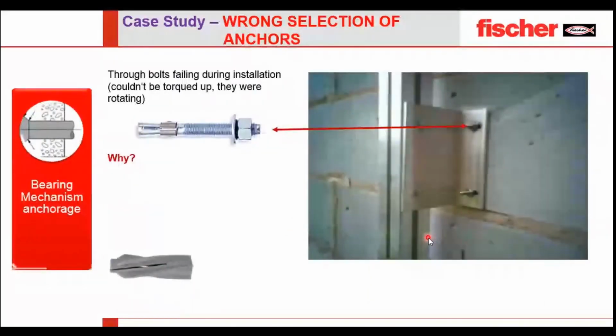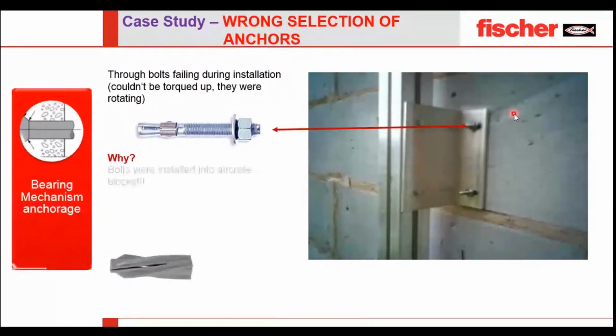Now, moving to the next type, when we have a wrong selection of anchors. Commonly in the Middle East, we are using Siporex blocks, or aerated blocks. These are the aerated blocks. The property of this block is that it is very lightweight. In this block, unfortunately, they used a metal anchor, like an expansion anchor. This doesn't work on these blocks due to their light weight.